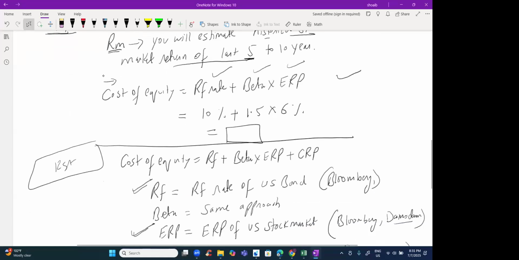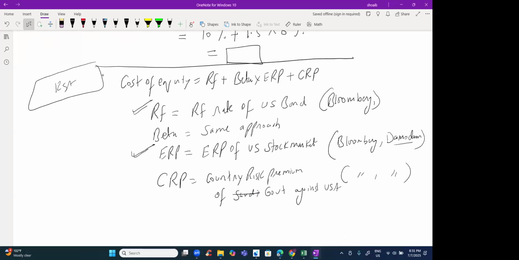And if you are sitting in Pakistan and you want to evaluate a company in another country, for example a European company, an American company, a Saudi company, or a UAE company, then the best approach is to take the risk-free rate of the US government, take the equity risk premium of the US stock market, then take the country risk premium.